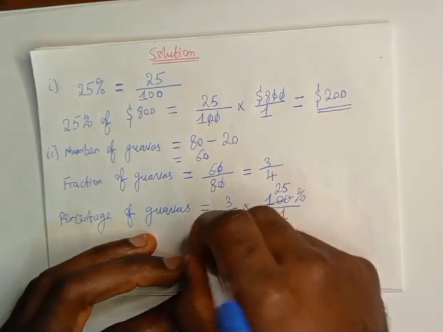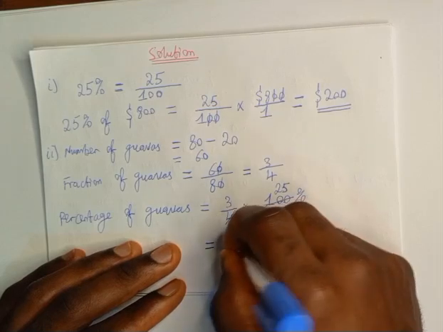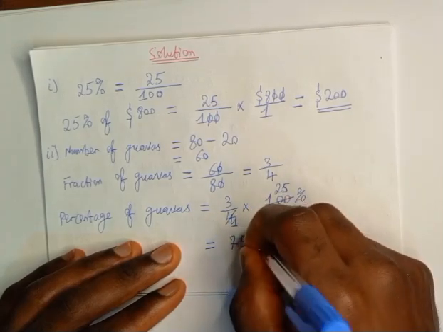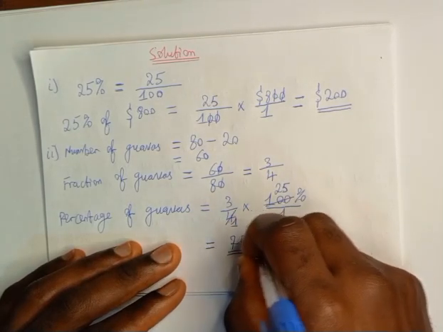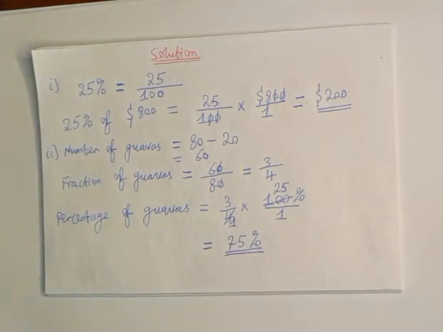This will simply be equal to 3 times 25 gives us 75. Then we attach the percentage sign. We are done with 2i. Now let's take down exercises for application on percentages.